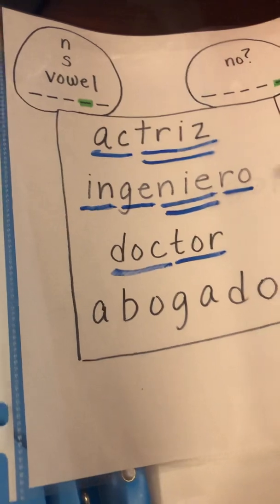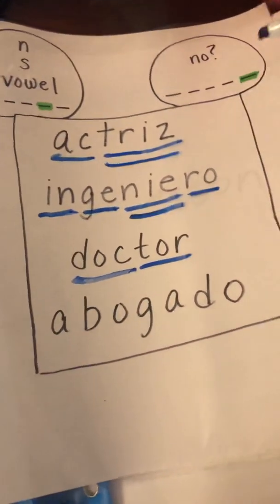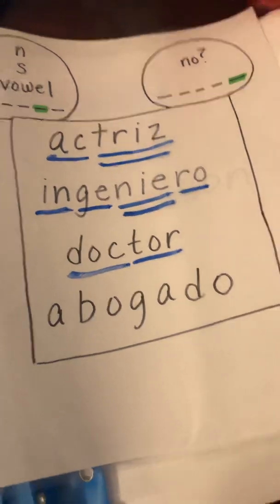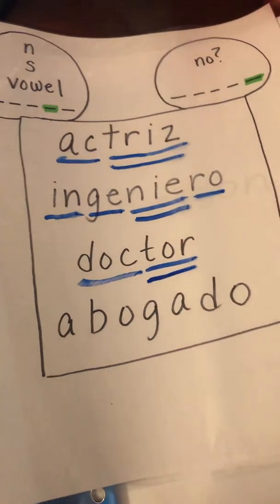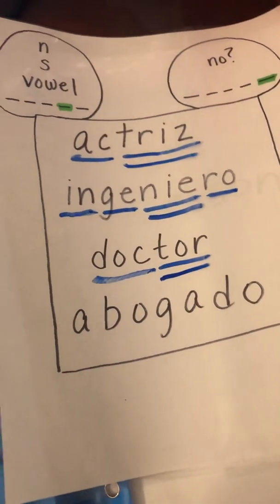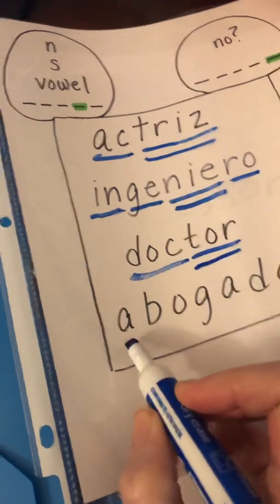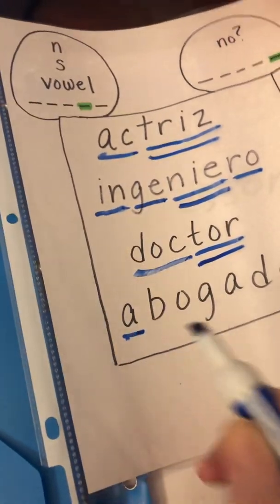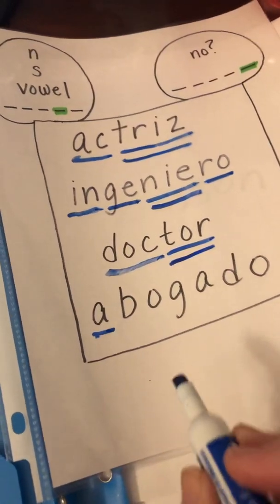It doesn't end with an N, it doesn't end with an S, it doesn't end with a vowel. So we have to go with the last syllable. And so the way we pronounce this is doctor. Doctor. And then last but not least, can we end with this vowel? Oh my goodness, we can. So the A is all by itself. Everyone in class missed this.